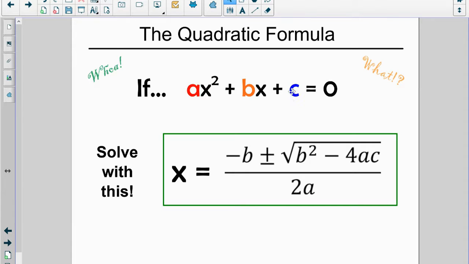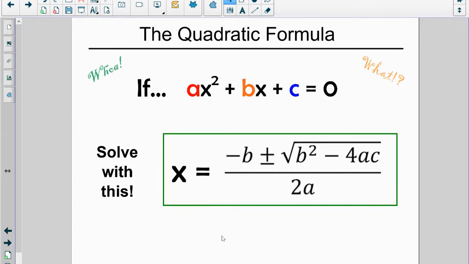And then the value of c, which is the constant term, the one that does not have an x attached to it. But again, it is extremely important that you have your equation in standard form like this. So it just says equals 0 on the other side, and everything else is written in order before you identify a, b, and c. Otherwise, you're going to get the wrong answers.